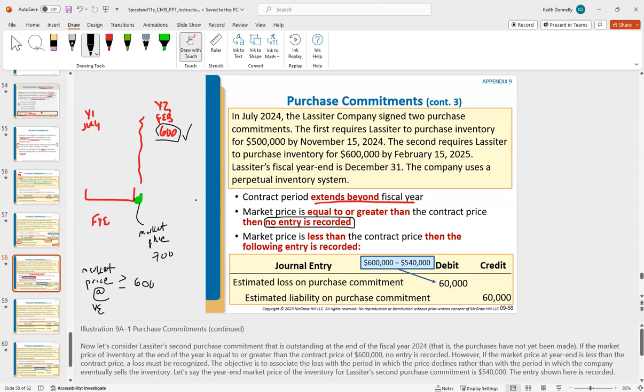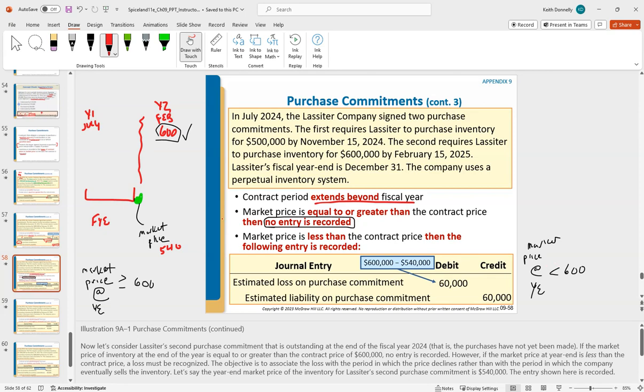However, if we looked at this, and the market price at year end is less than 600, let's say it wasn't 700, let's say it was 540, right? We got to pick the lower of the two.